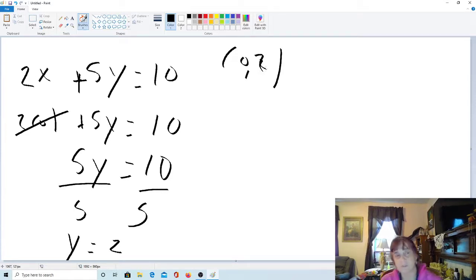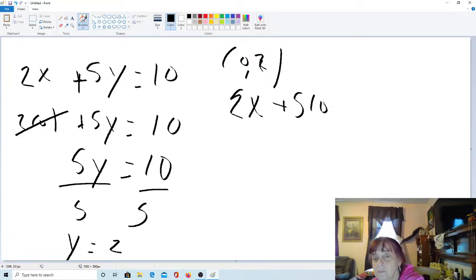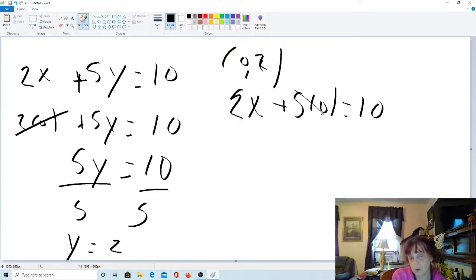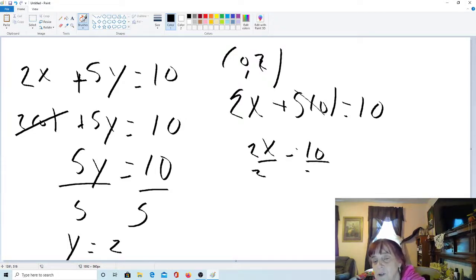That's the y-intercept. Now for the x-intercept, set y equal to 0, solve for x. 5 times 0 is 0, 2x plus 0 is 2x. So your equation becomes 2x equals 10. Divide both sides by 2. X equals 5. You have 5, 0.